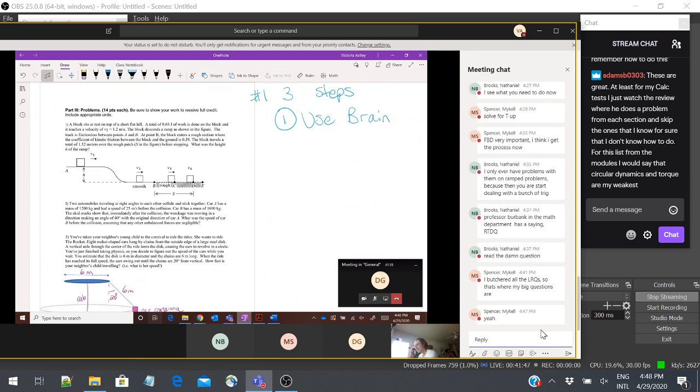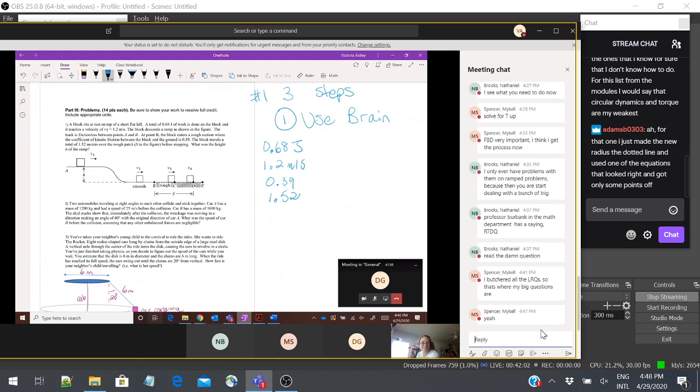Some of the things that they give us in the problem: 0.68 joules, 1.2 meters per second, 0.39, 1.52. Why did they give us this specific information? Yeah, you did pretty good.